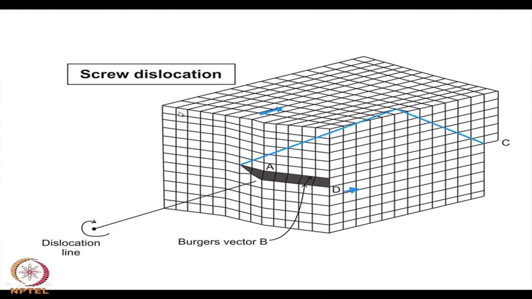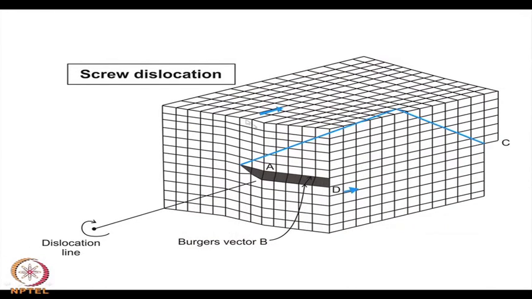You can see this is once again the total crystal, and these grid lines are actually the atomic planes, both horizontal planes and vertical planes. You have also applied a stress from left to right, that means the top part is being pushed in the right direction and the bottom part in the left direction.